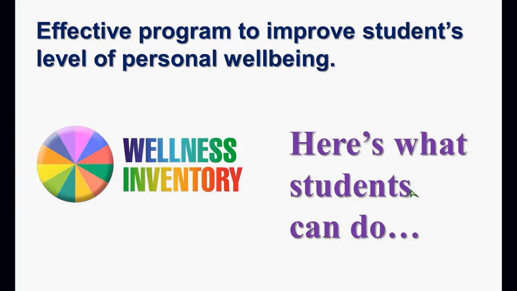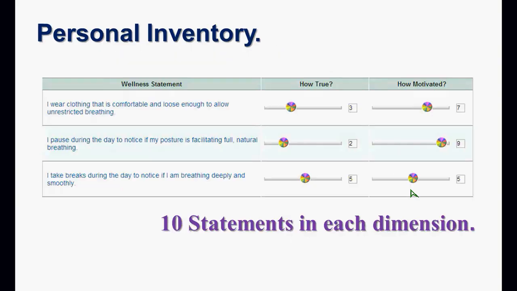So let's look at what students actually can do with the wellness inventory. And this is going to be a 60,000-foot overview, and I'm going to give a live demo. So first they take a personal whole-person inventory in the 12 dimensions. There's 10 statements in each dimension, and these are positive, proactive wellness attitudes, behaviors, activities, or beliefs. And the person is asked, how true is this activity in my life right now on a scale of 0 to 10?